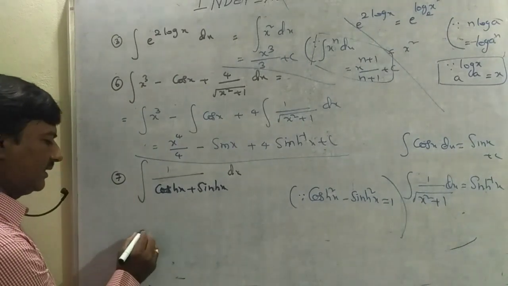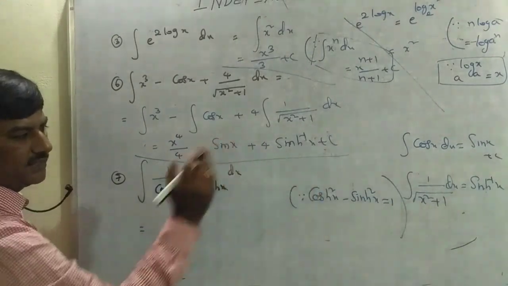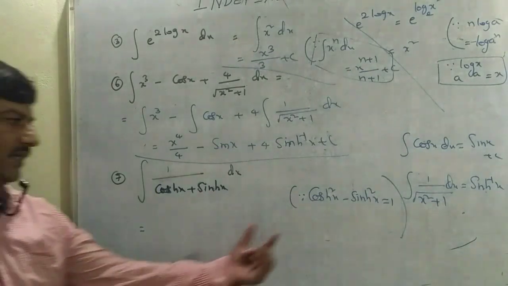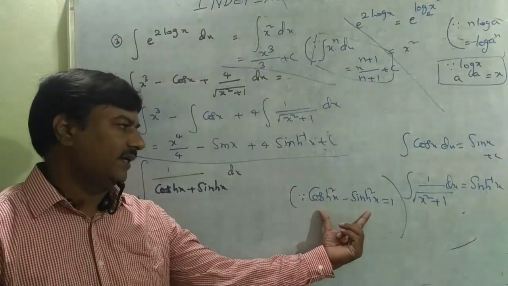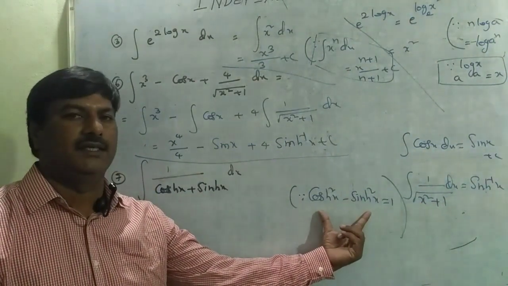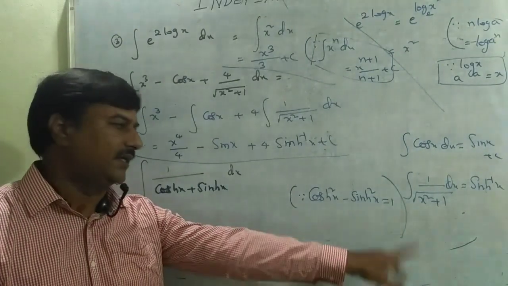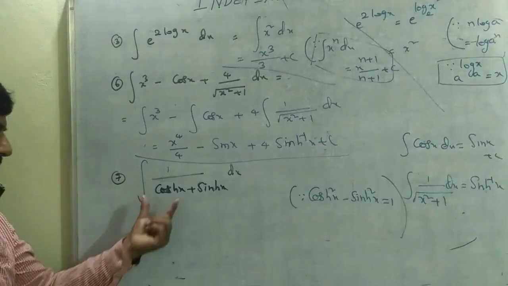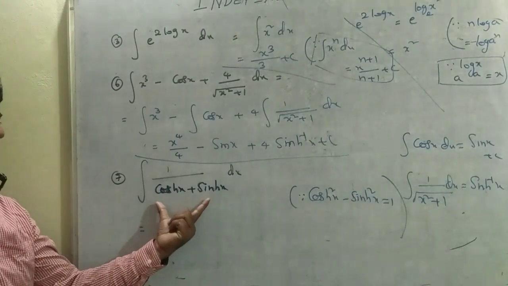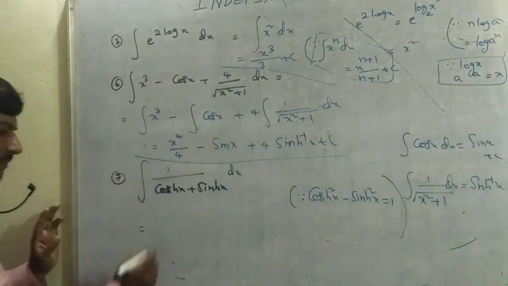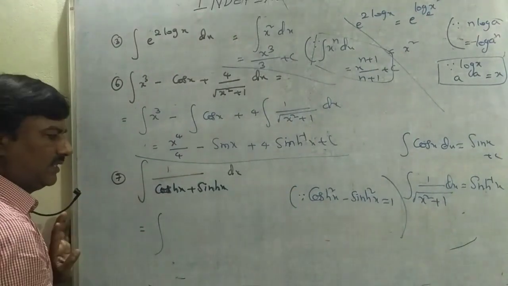Using that, cosh square x minus sinh square x is of the form a square minus b square, which we can split into a minus b into a plus b. The result is 1. So to convert it into the result form, we rationalize it.